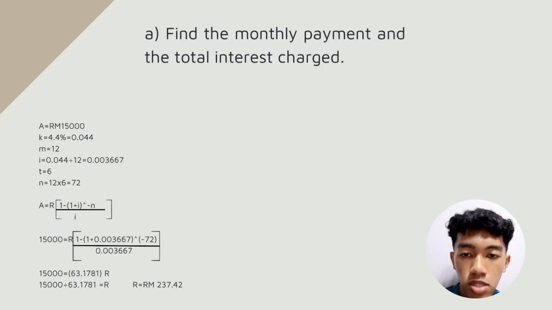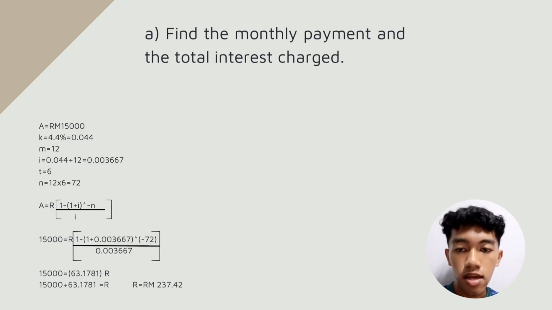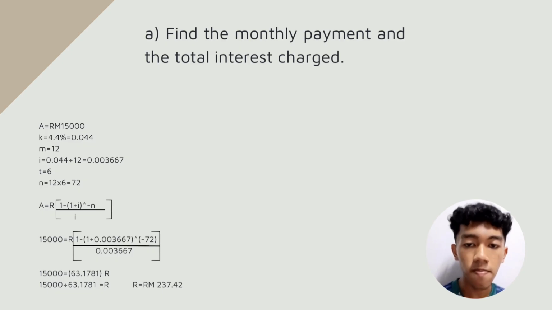For this question, we use the formula A = R[(1 - (1 + i)^(-n)) / i]. So we put in the numbers: 15,000 = R[(1 - (1 + 0.003667)^(-72)) / 0.003667].